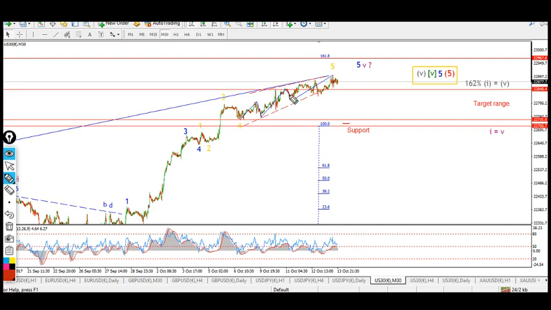If we look at this pattern here, I have an ending diagonal, and an ending diagonal is a 5-wave pattern, but each internal wave is broken into 3. I think that's probably the best way to view this at the moment.